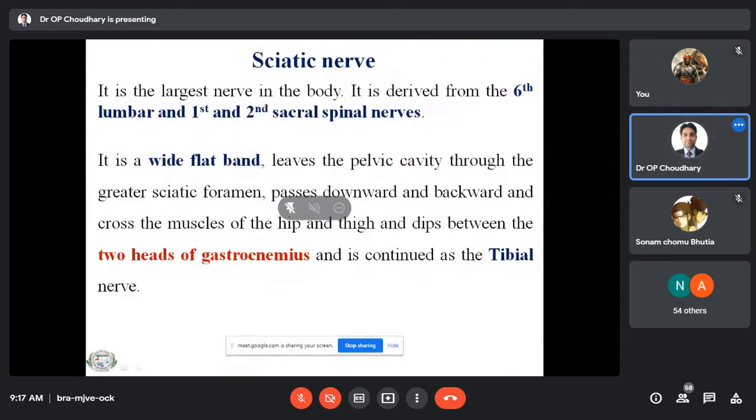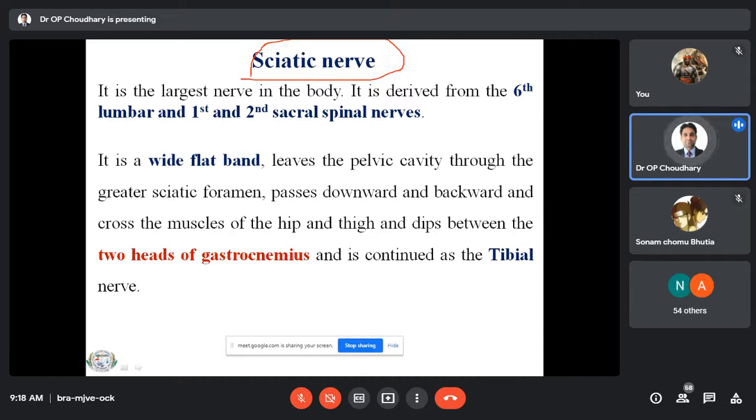Then the sciatic nerve. The sciatic nerve is the second nerve of the posterior part of the lumbosacral plexus, and very important, it is the largest nerve of the body. Okay, normal nerves, I'm not talking about the cranial nerves.